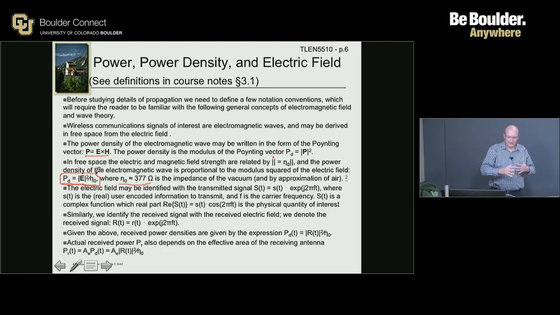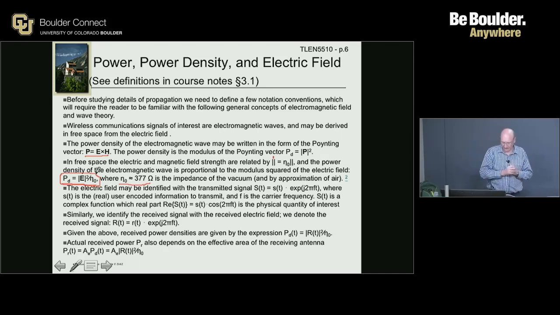There are formulas that give you the effective aperture, the effective area, of any type of antenna: helix, dipoles, series of dipoles. But if you think of a large antenna with multiple elements, say microstrip designed, or just patches, the effective area of the antenna is usually pretty close to the actual area of the antenna.